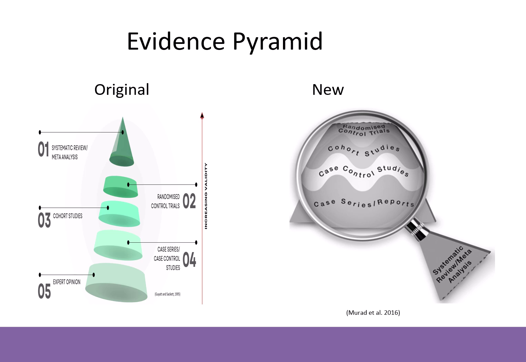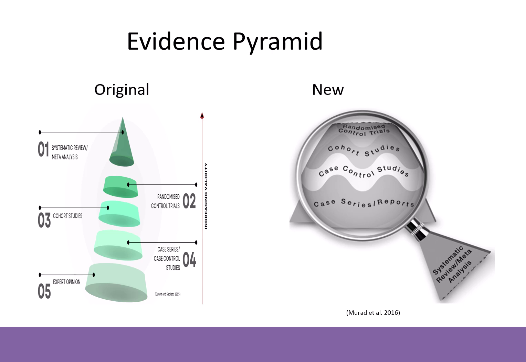Although the evidence pyramid has been used since the mid-1990s, there are some flaws with it. For example, it can be problematic, especially in nursing research articles, where about 40% of them do not describe their trial design. Because of this, the pyramid does not give the full picture.